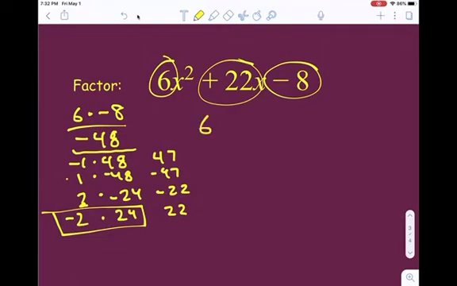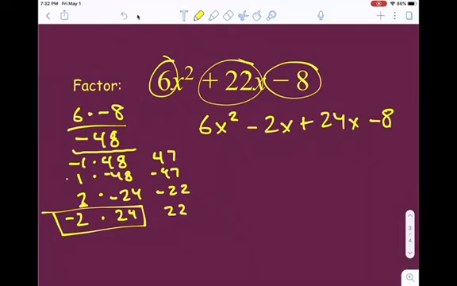So let's rewrite this as 6x squared minus 2x plus 24x minus 8. All right, so I'm looking at this and thinking, let's just leave it how it is and try it.